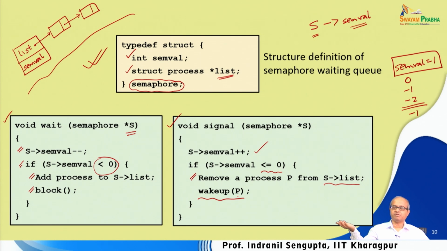And whenever some other process executes signal, automatically there will be a check whether some processes were waiting. If they are waiting, one of the processes will be woken up and moved to the ready state. Okay, fine.